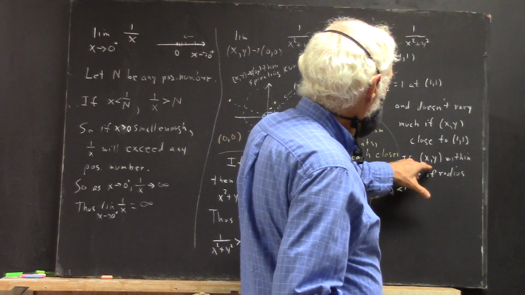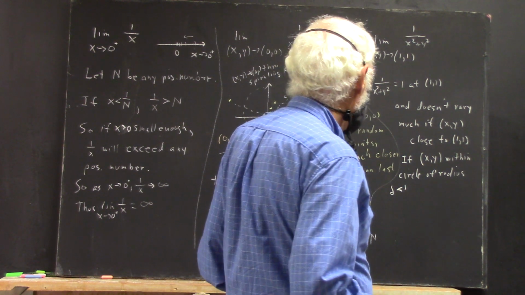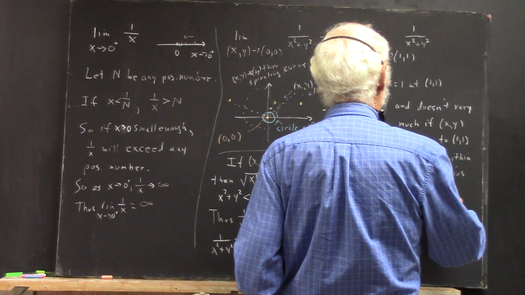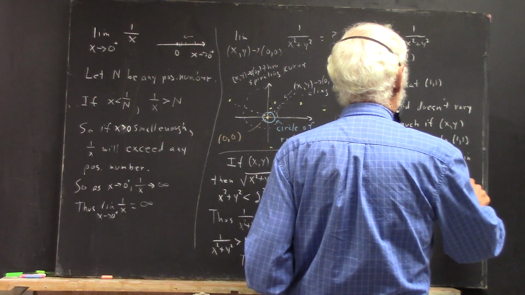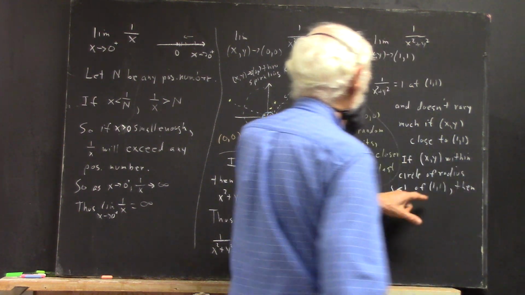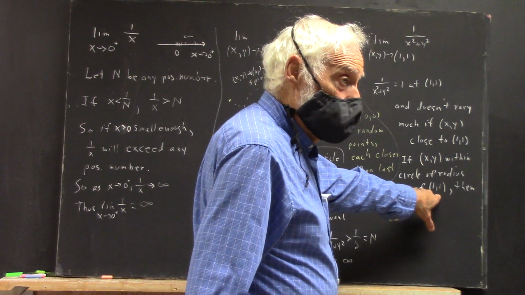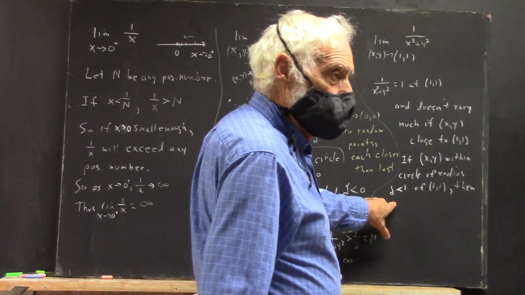So we want the point xy to be close to 1, 1. So we really think of delta as being a tiny number.